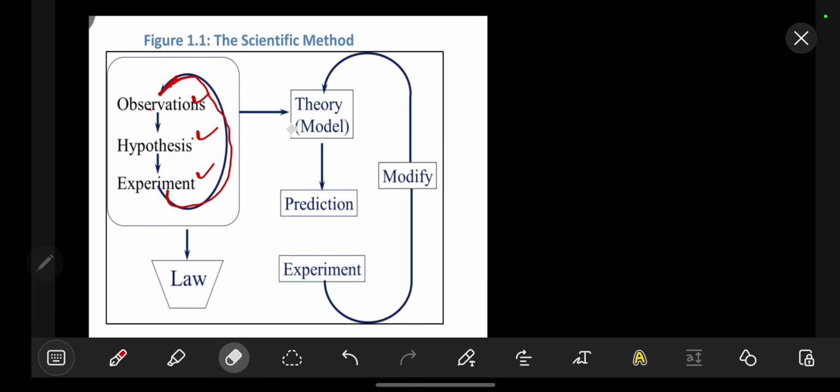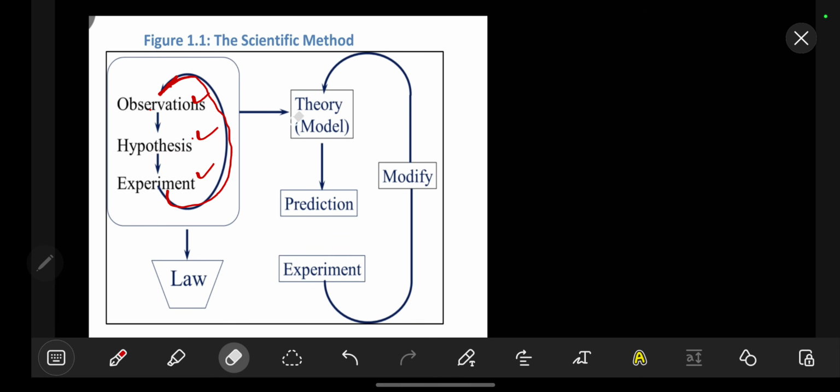Then whenever we come up with the law, we are now expected to come up with a theory model. From the theory, we said that it's a unifying body of facts or unifying principle of facts.